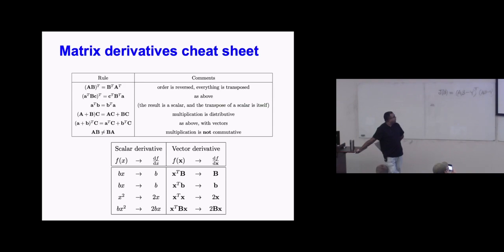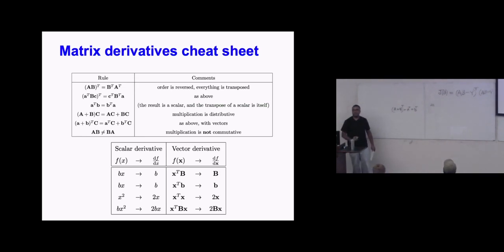So we will first try to decompose this. There is no direct formula here, but the whole idea is (A plus B) transpose is essentially A transpose plus B transpose.